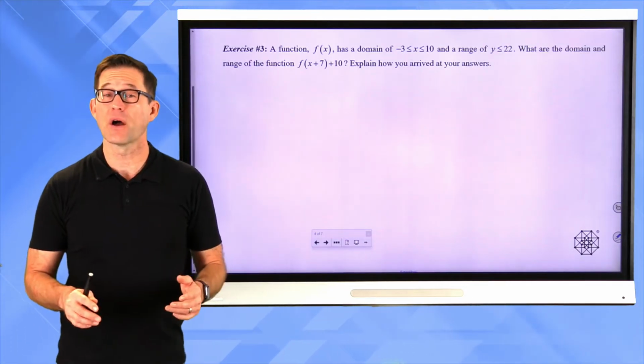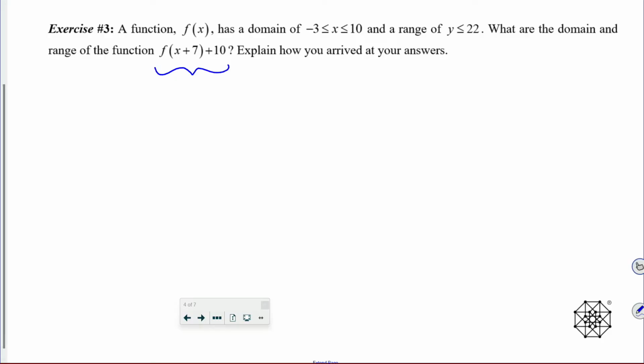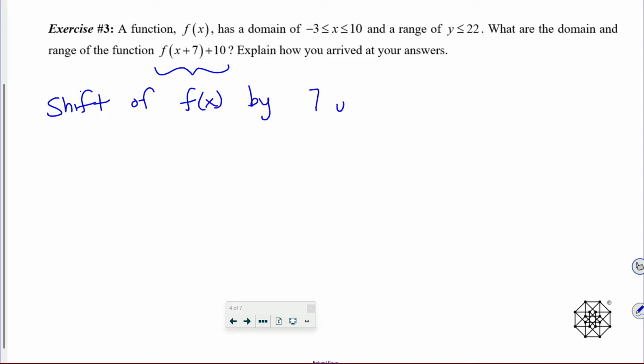All right, well, let's talk about it. First things first, we want to look at this and say, okay, this is a shift of f of x by 7 units left and 10 units up.